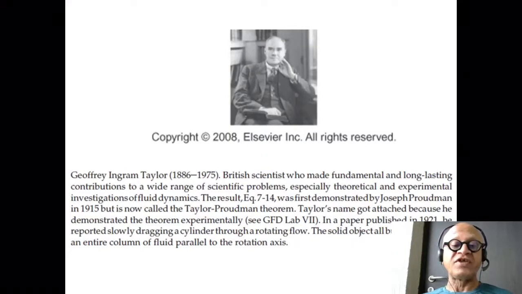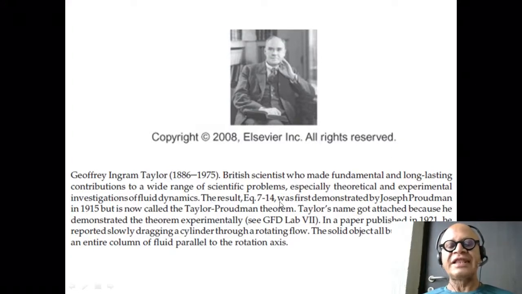Jeffrey Ingram Taylor, the British scientist who first theoretically argued for the rotational effects on homogeneous fluids, and it was Proudman who showed it in the lab, I think in a rotating cylinder.